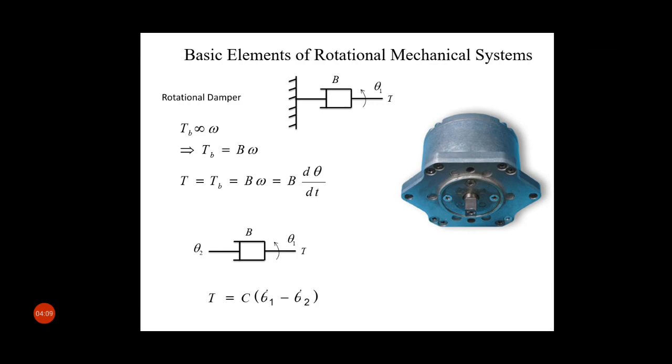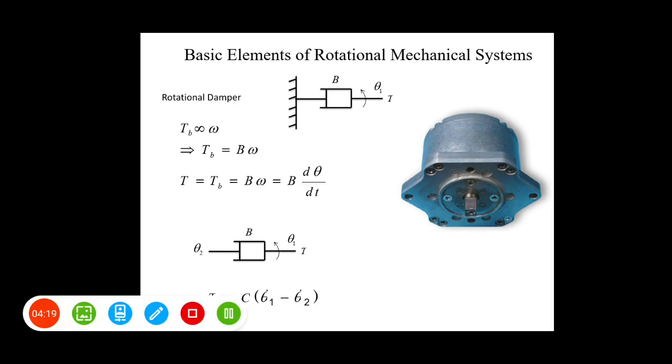So we can write TB equals B into omega. Omega is angular velocity, and omega equals d theta by dt.